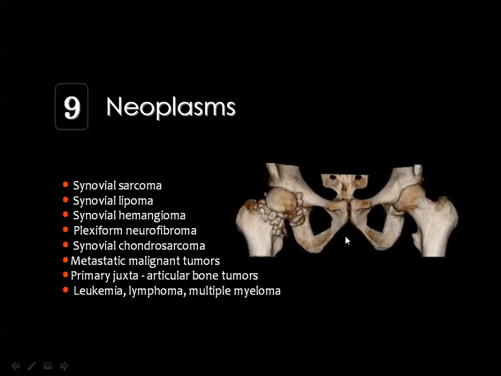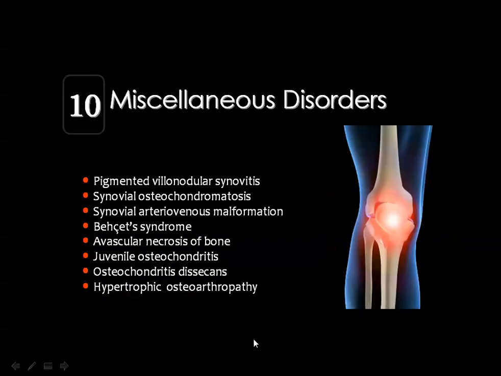Neoplasms related to the joints will include the synovial sarcoma, synovial lipoma, hemangioma, plexiform neuroma, synovial chondrosarcoma, metastatic diseases related to the joint, and some of the primary juxta-articular bone tumors, leukemia, lymphoma, and myeloma.